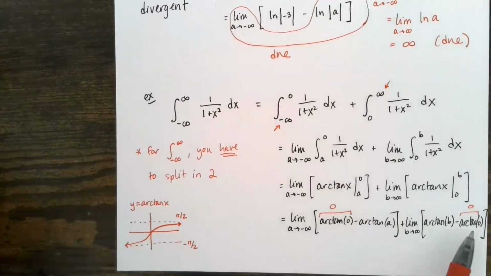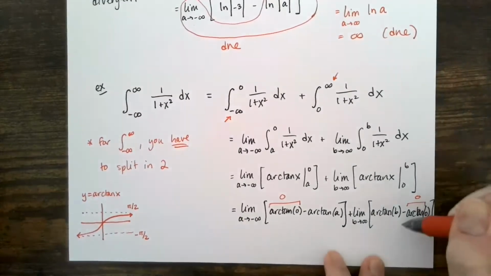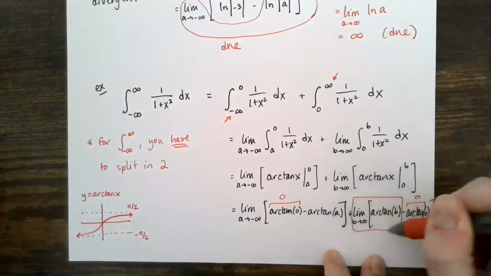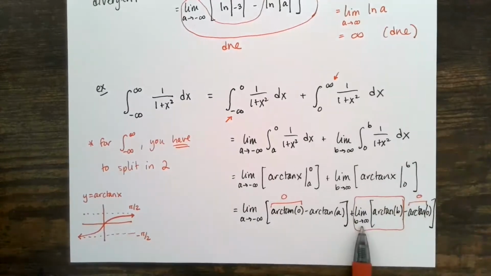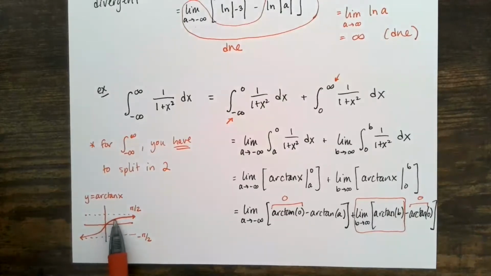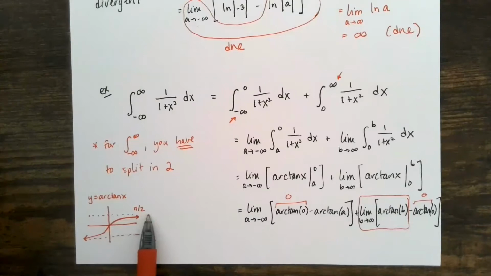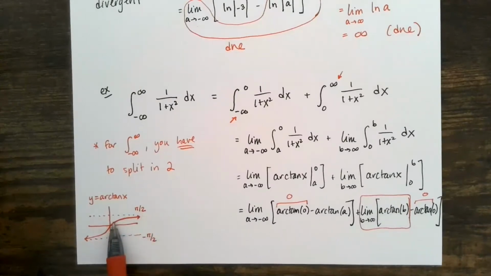Now, let's do this limit first. This one will be a little bit easier to think about, I think. So the limit as b approaches infinity of arctan of b. That's going to be, where are the y values headed as I plug in numbers bigger and bigger and bigger over here. And you can see from this horizontal asymptote, the y values are getting infinitely close to pi over 2. So this limit exists and equals pi over 2.